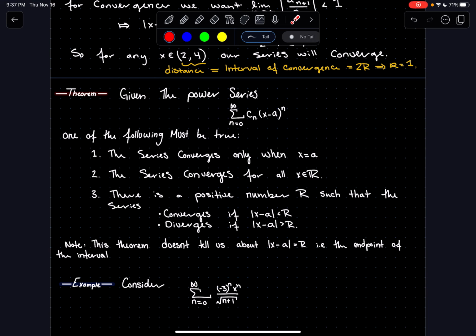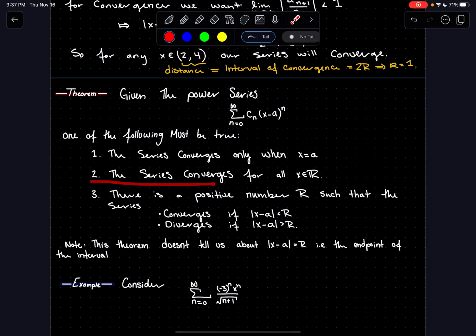The series converges only when x equals a. We know for a fact that the series will converge when x equals a. If x equals a, this is going to be 0. It's going to converge to the 0 sequence. So no matter what, that will always be true.